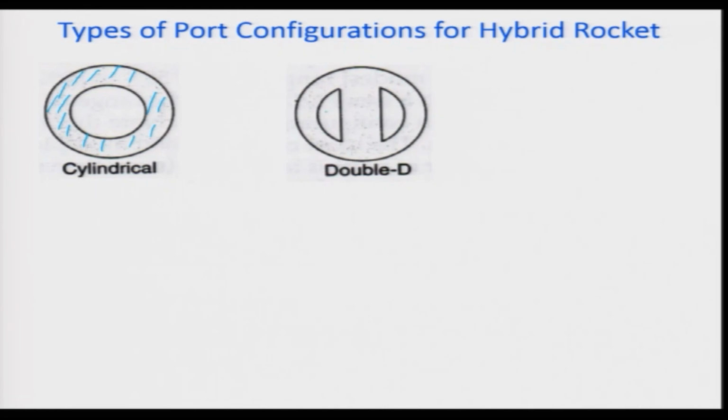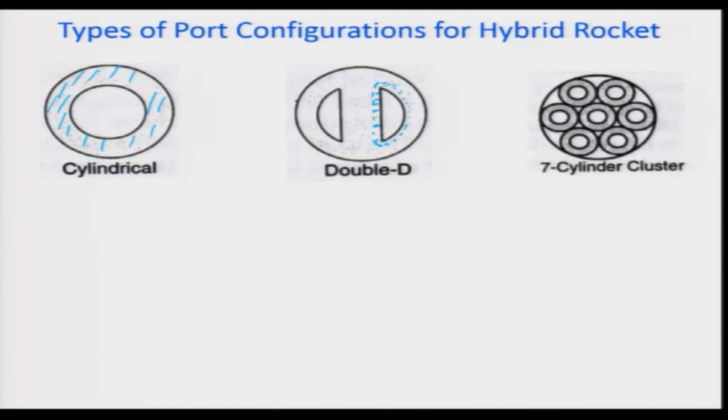This is the double D, which has 2 ports, and it is also difficult to design, because this surface will be moving in this direction. The regression will be going, and this will also be curved, and this again will be curved, and maybe regressing. One has to design properly, and it has limitations similar to the cylindrical port fuel grain. It can be used for a little higher thrust level as compared to cylindrical, but it has its own limitations.